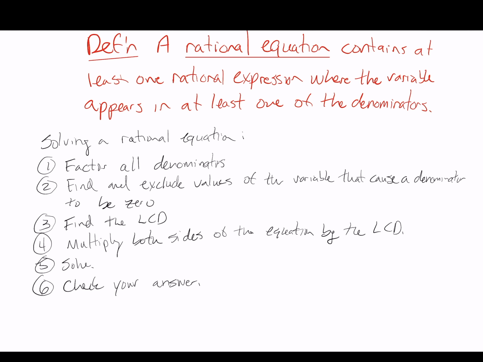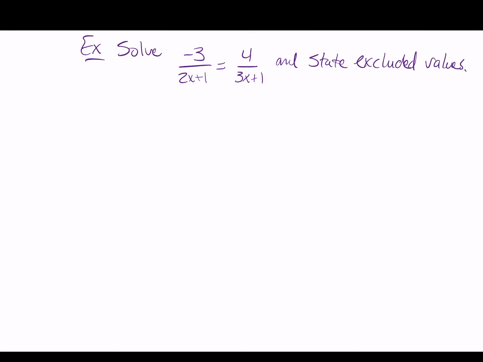Let's try an example. In this example, we want to solve negative 3 over 2x plus 1 is equal to 4 over 3x plus 1 and state the values that are excluded from contention for solutions. So first we factor all the denominators in the equation.